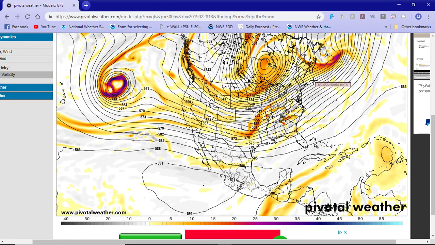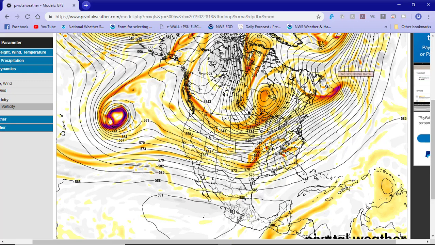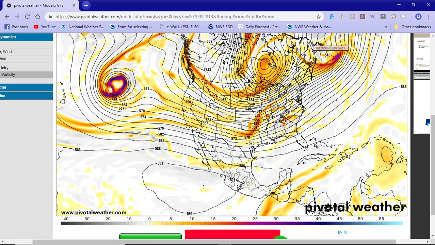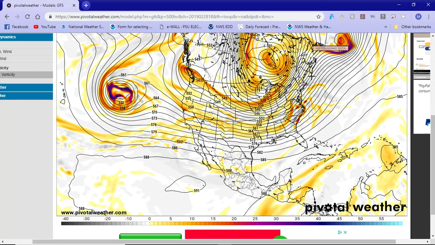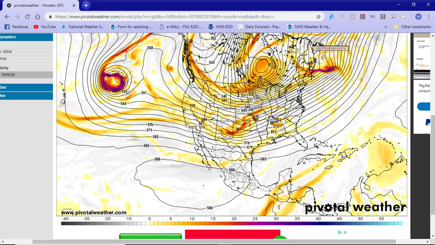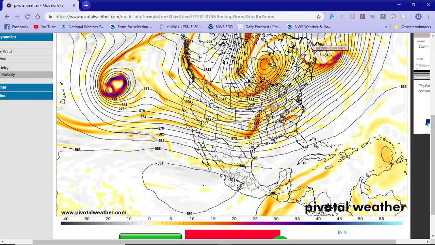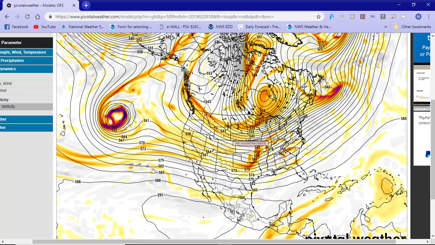But I don't think it really causes any impact. It mainly will just spin off and just become another strong low pressure system up in the Canadian Maritimes, all right? Now after that, okay, it looks to dry out again, but now look what we have.